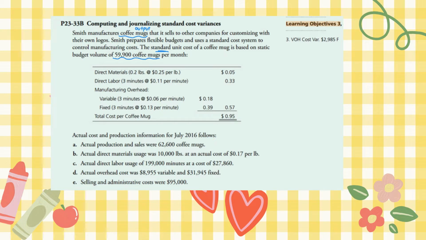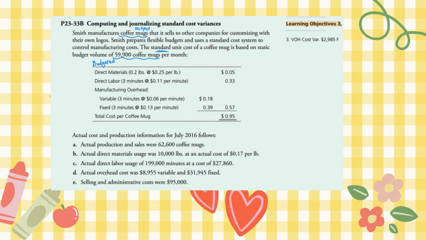So this is the budgeted amount of output, because he said mugs. He gave you for direct materials 0.2 pounds at 25 cents per pound. He multiplied them to get 5 cents per mug.